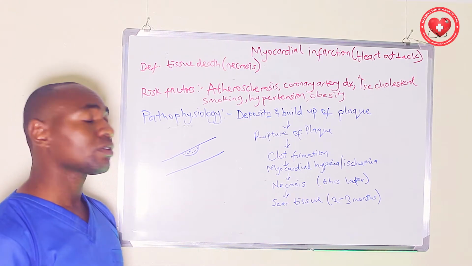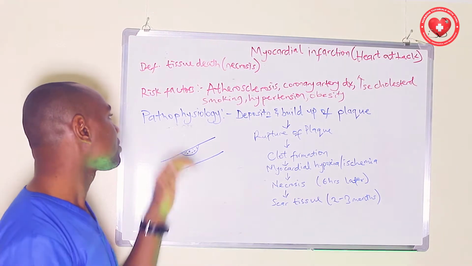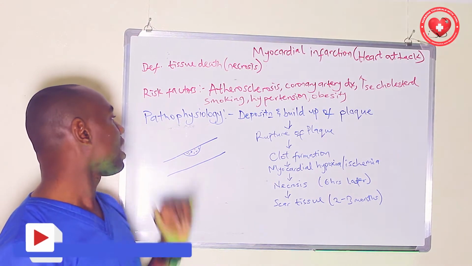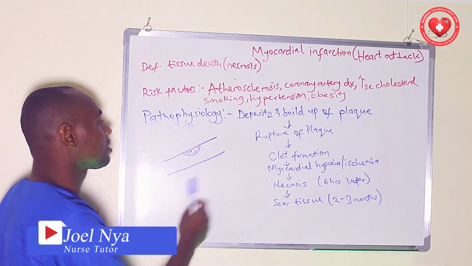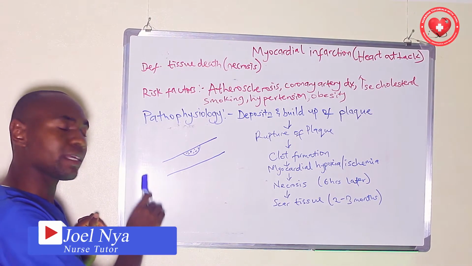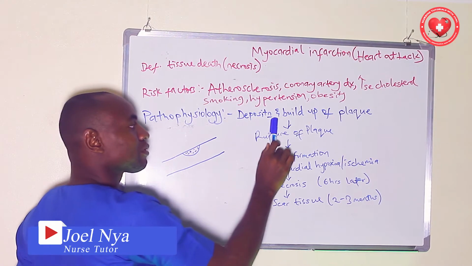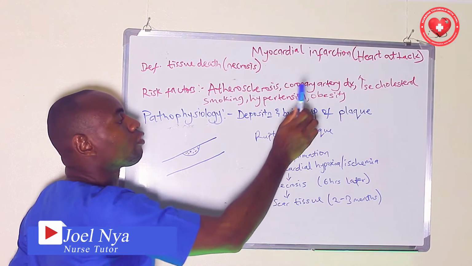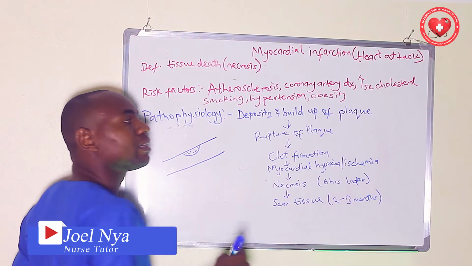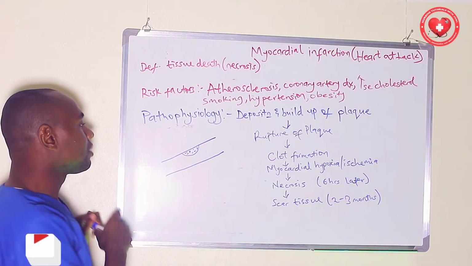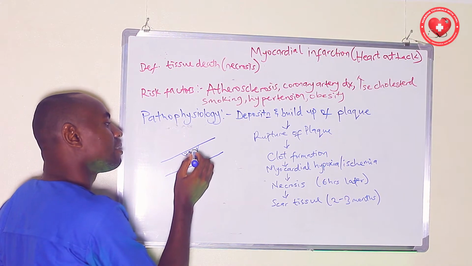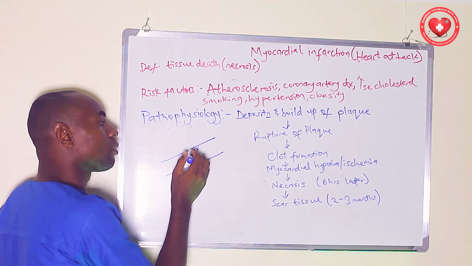Now, the pathophysiology, how does this disease come about? First of all, let's take for example, this is the coronary artery supplying the heart. You discover that there's deposition and build-up of a plaque. That plaque could be fat droplets, and those fat droplets deposit at this point and build up.